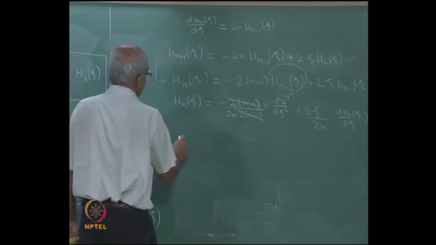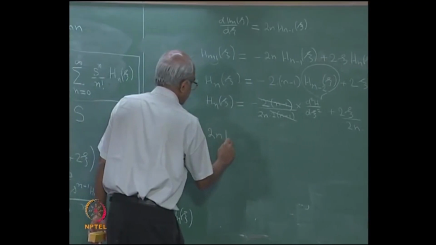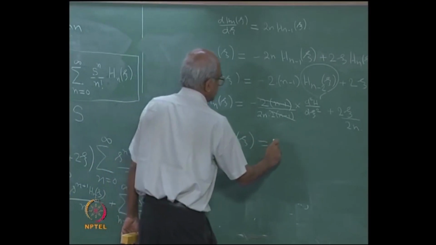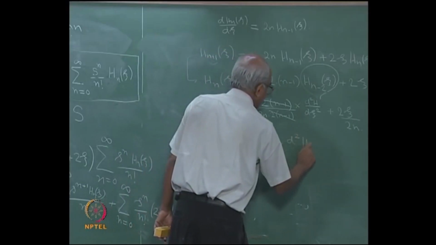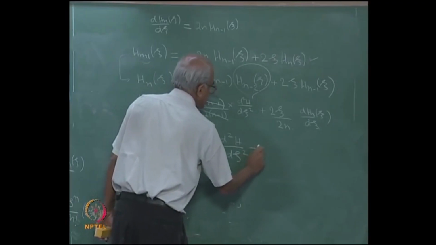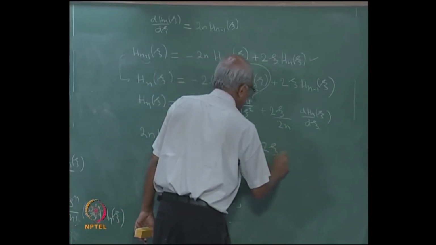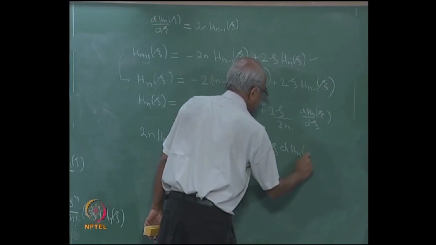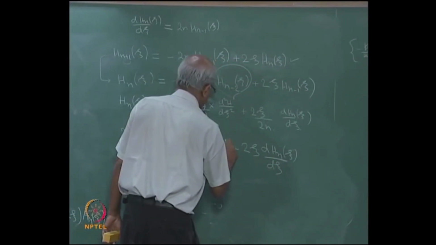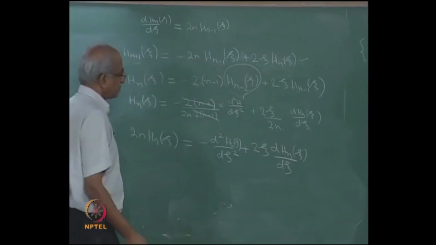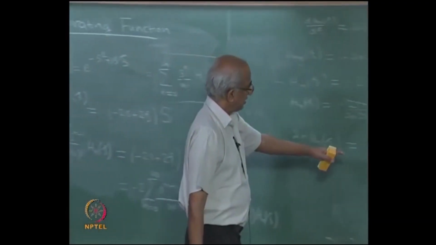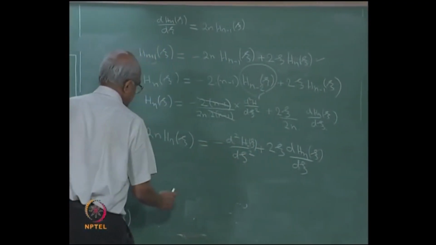So, if you multiply it throughout by 2 n, you are going to get 2 n h and c in the left hand side, and that is equal to minus d square h by d c square plus 2 c d h n by d c. This is the result, and just take these two terms to the left hand side.